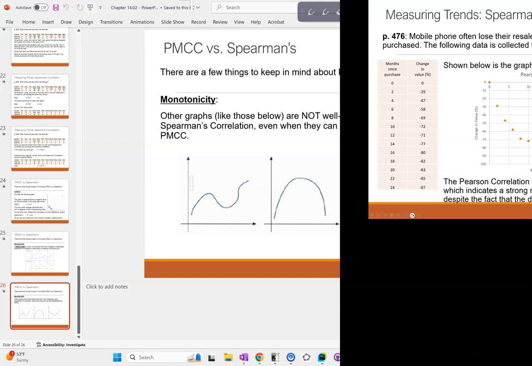If I did the Pearson calculation, this comes out to be negative 0.874, so still pretty strongly linear. But I know that it's not. If I did my linear calculation, I'm pretty positive if I pick a big enough x, it's going to give me a value of less than negative 100, which I can't have: less than negative 100% change in my cell phone, right?